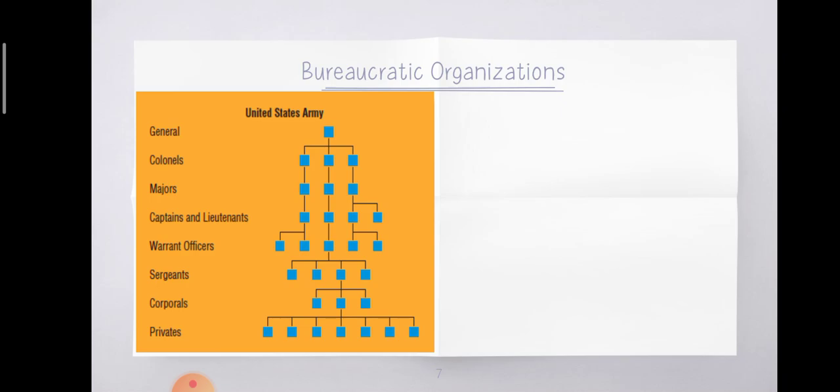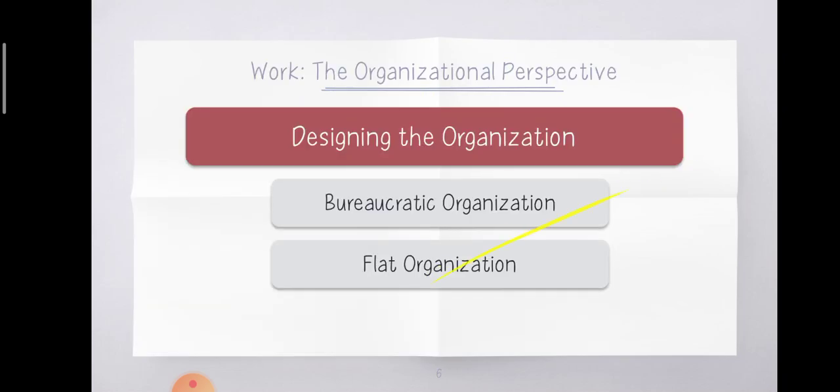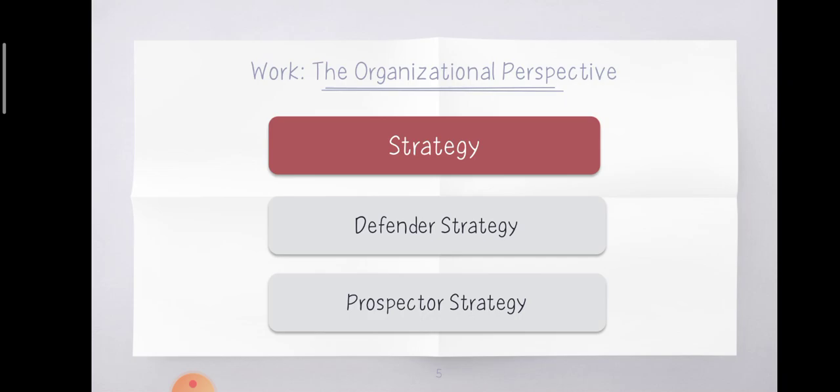Now, bureaucratic organizations or organizations that adopt this defender business strategy are likely to choose bureaucratic organizational structure. So, remember mo sa katong defender and prospector.